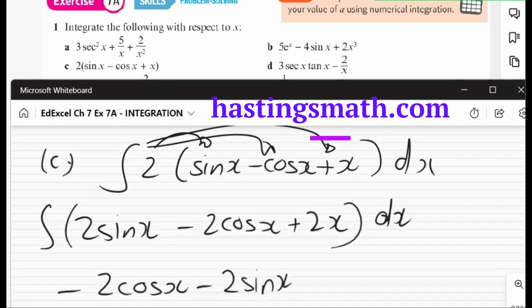And 2x to the power of 1, remember that we're integrating, so plus 1 over 2. So that's going to be 2x squared over 2. So the 2s cancel out and you just end up with x squared. Don't forget the plus c. It's indefinite, that's perfectly fine. I just want to see this because later on, I do this slightly differently.